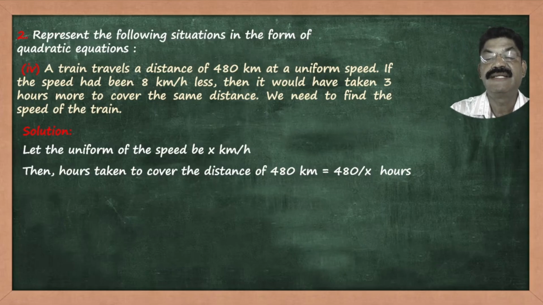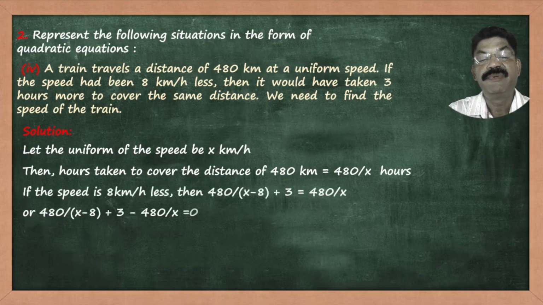So 480 divided by x. Now we are given if the speed is reduced by 8 km, then it becomes x minus 8. In that case, the time taken will be 480 divided by x minus 8, which is 3 hours more. Therefore, when 3 is added, it is equal to 480 by x.